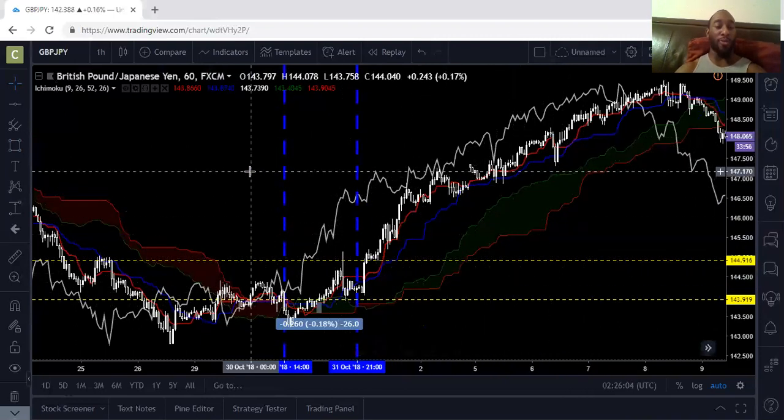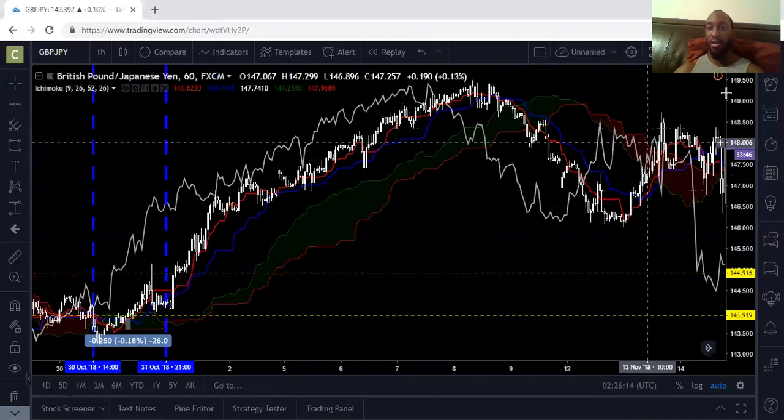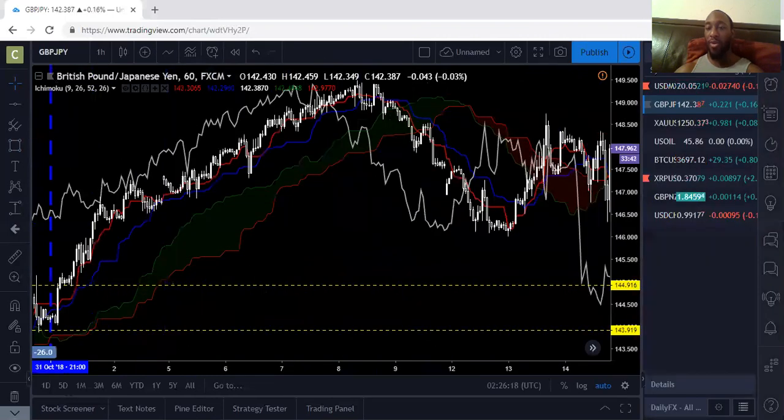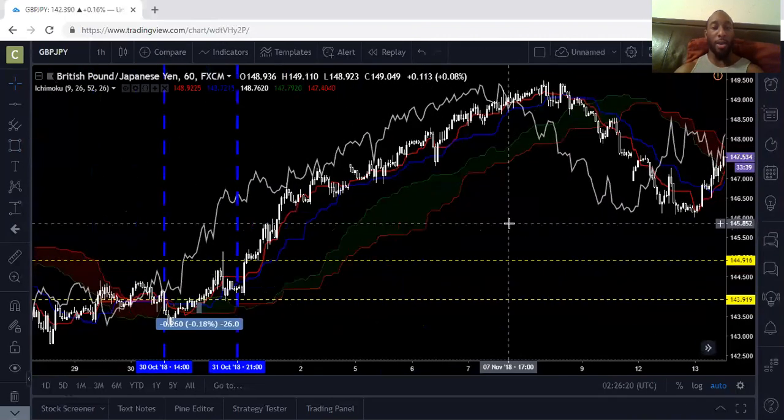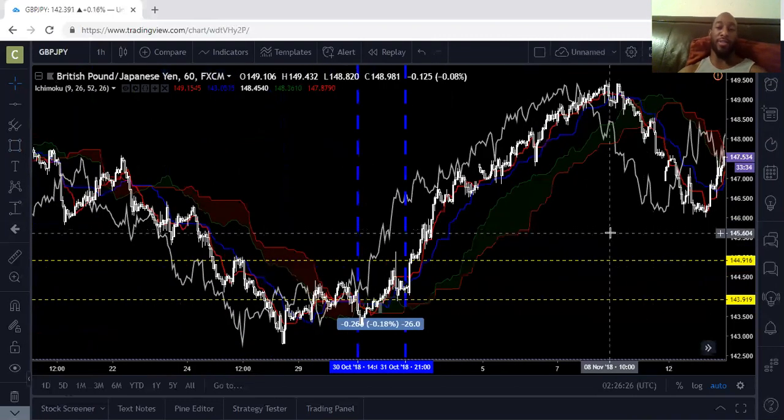This Ichimoku works pretty well with Japanese yen pairs. Whenever you're trading a yen, it works really well. It does work for every currency, but I noticed that it works really well with yen pairs, which is why this is Japanese style trading anyway, so it makes sense.